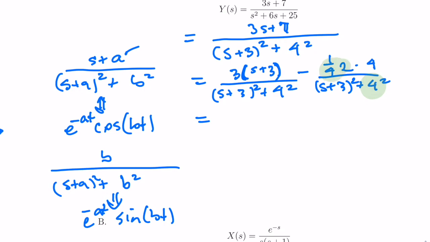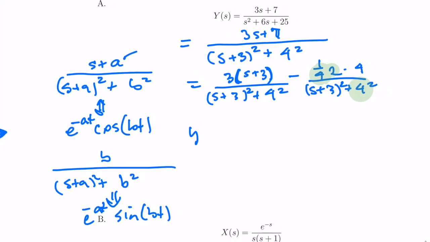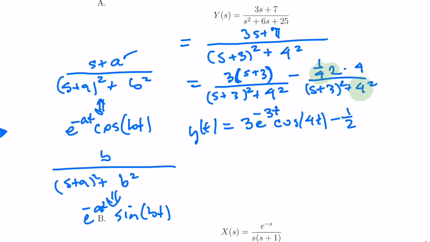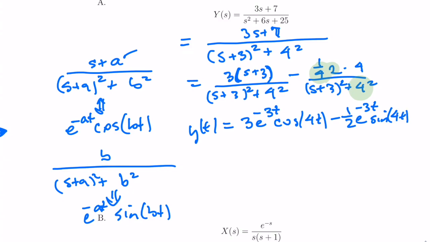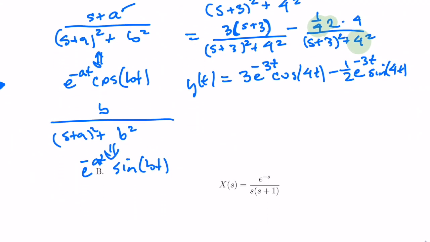And so the bottom line is that we do this inverse and we get y of t is 3e to the minus 3t cosine 4t minus 1/2 e to the minus 3t sine of 4t. So that's that term.